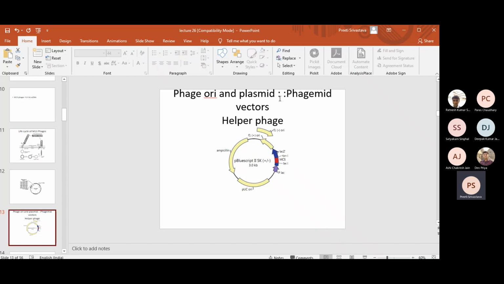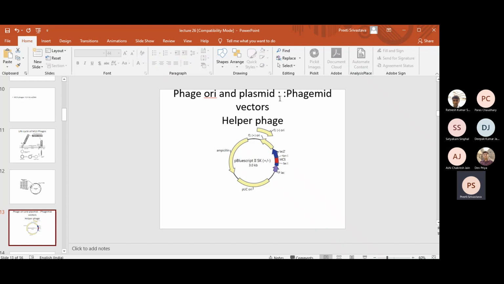Now what you do is you perform infection with M13 phage, but instead of the regular phage you use helper phage. The reason we use helper phage is because you want pBluescript DNA to be packaged in larger amounts. Helper phage has the phage DNA, but it has a defective origin of replication.